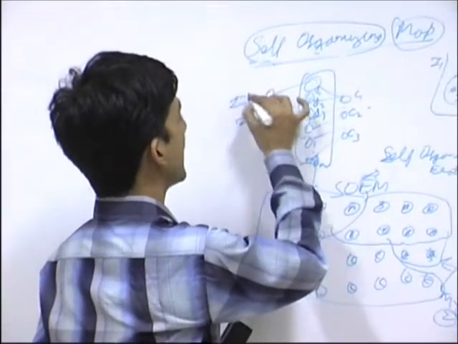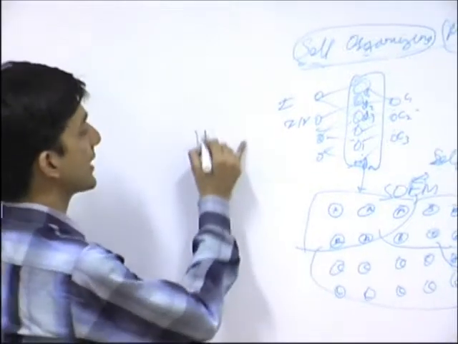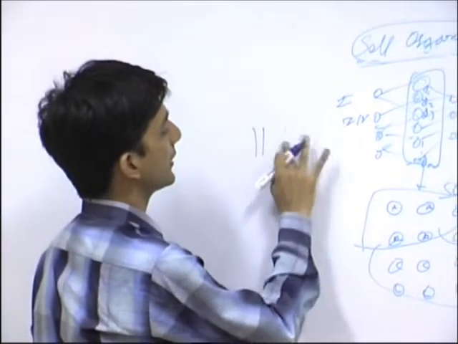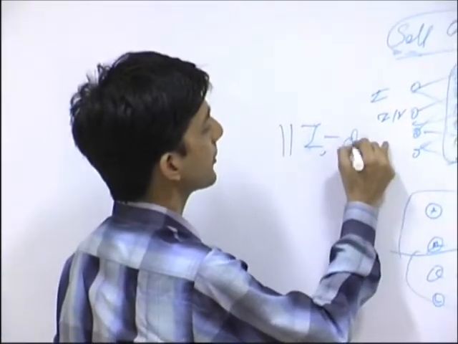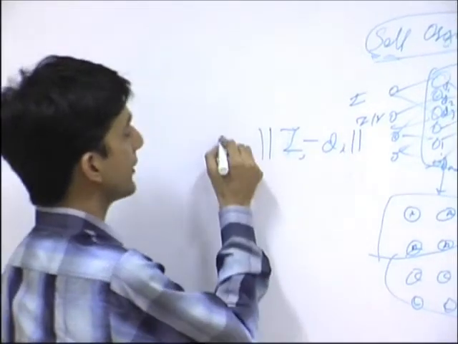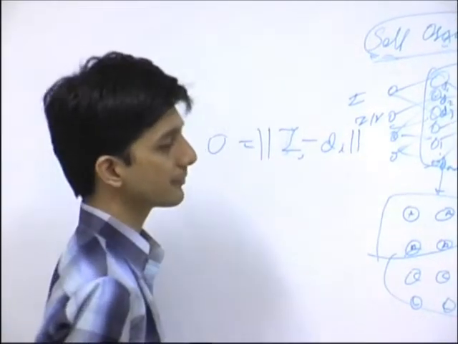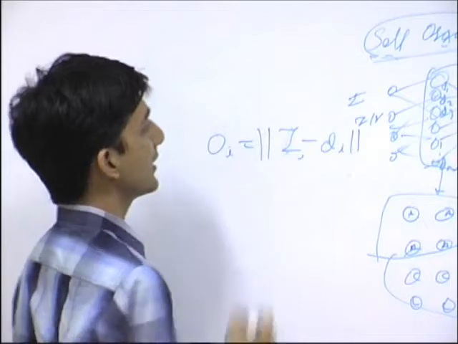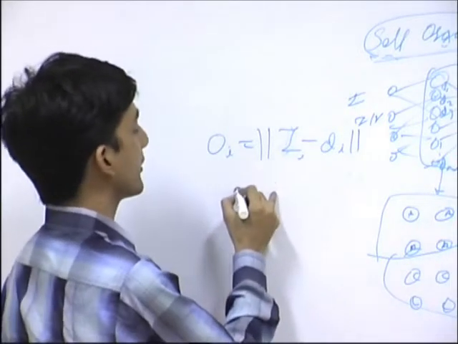I have an input I. What d_i does is that it tries to find its distance towards the input. It tries to produce an output O_i. There is a winner-takes-all approach.